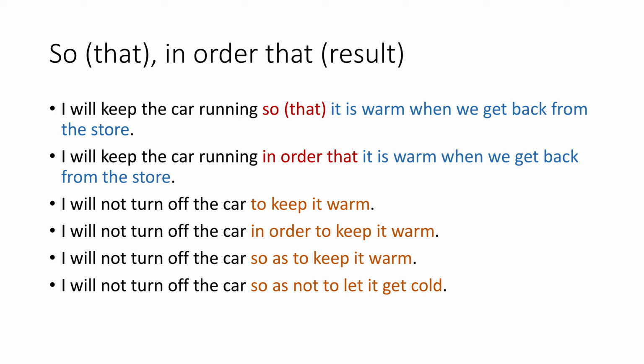And in order to keep, again, the verb is in the infinitive form. And for this reason, I do not consider these adverbial clauses. If you do, it's completely fine. And if you are aware of these structures, that's really good. But it's just my personal opinion that these should not be considered adverbial clauses.